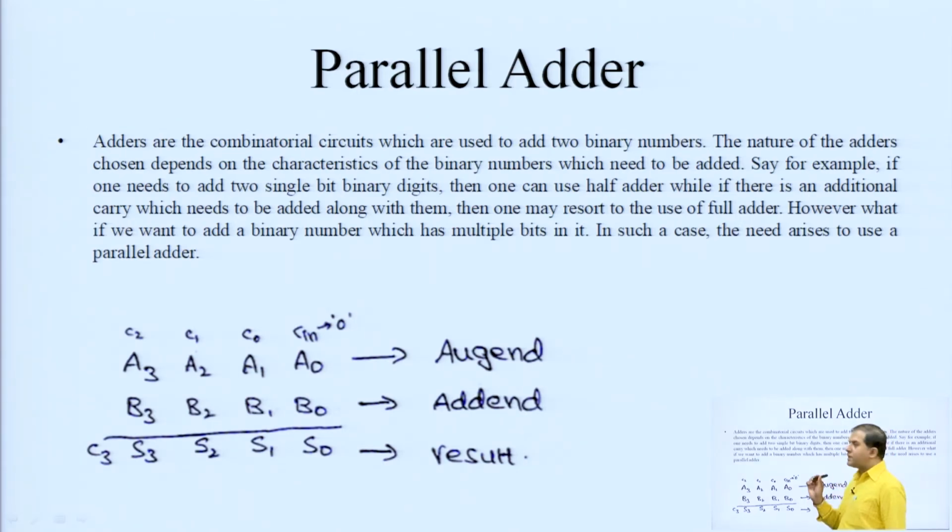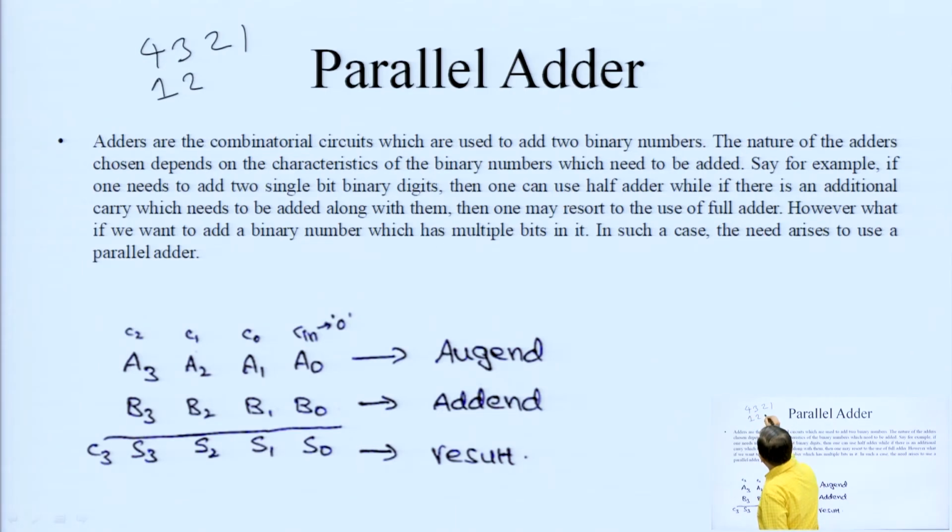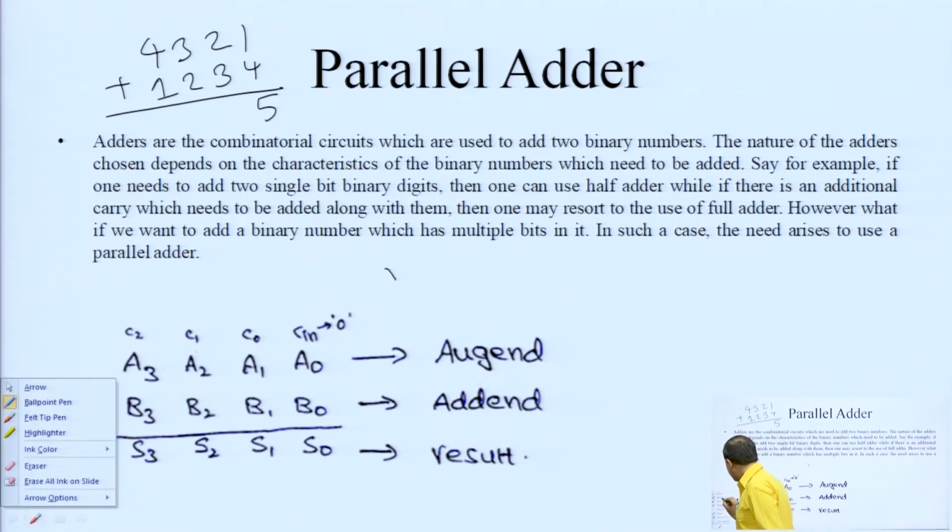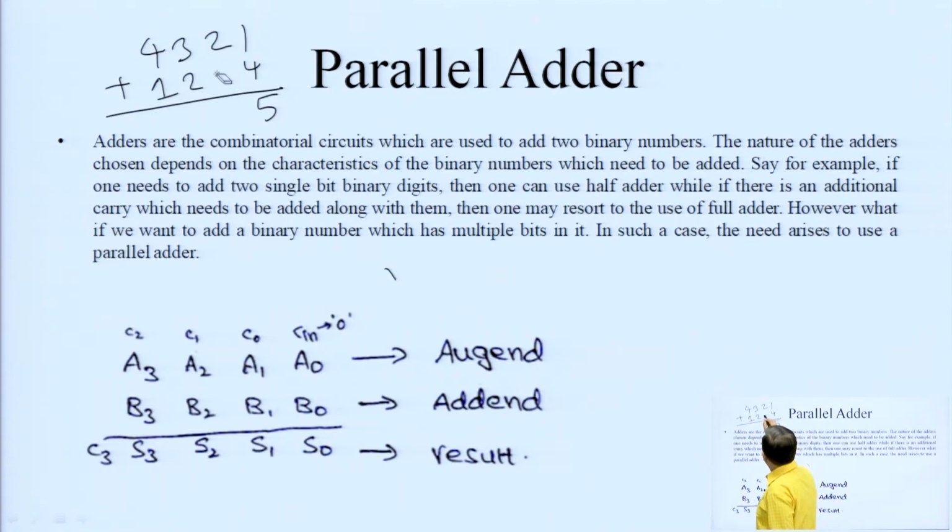So, for parallel adder I will just give an example of normal decimal numbers. Suppose we are going to add 4, 3, 2, 1 and 1, 2, 3, 4. So, 4 plus 1 is 5, right. Just to check one thing, we will give some other value, suppose 9 8. Okay. So, 4 plus 1 is 5, any carry?